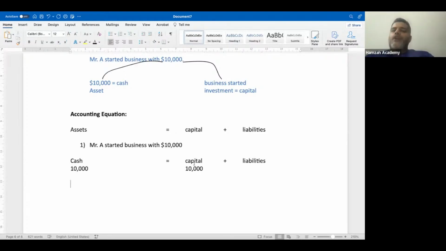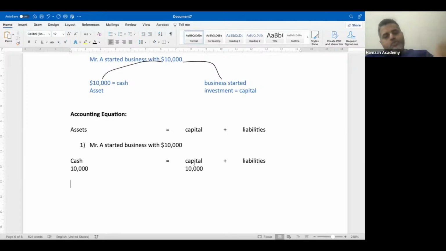All of the recording in accounting is based upon the principles of the duality concept. Every transaction in the universe is going to have a dual effect, right? Like the way Kunal said earlier when I asked what a transaction is: anything that has a dual effect is a transaction.